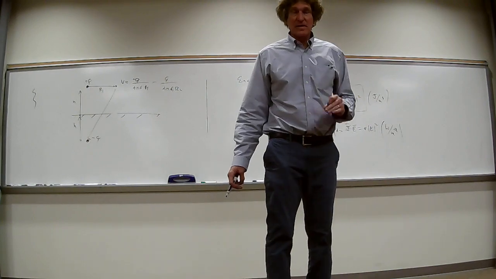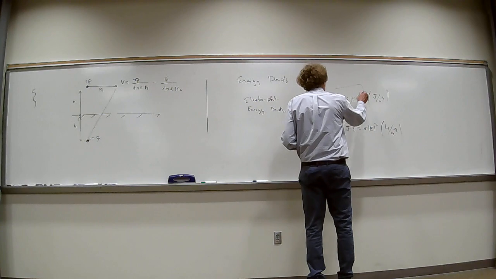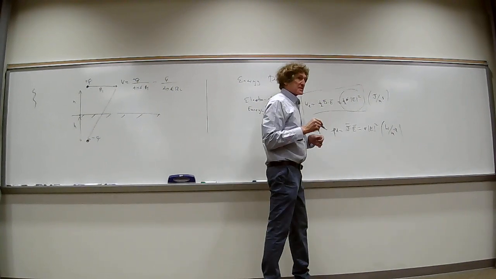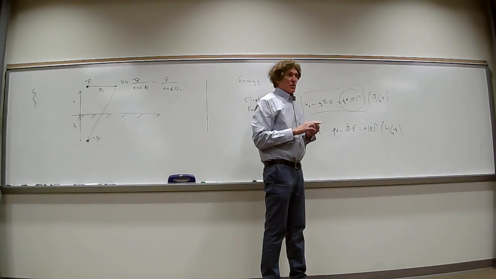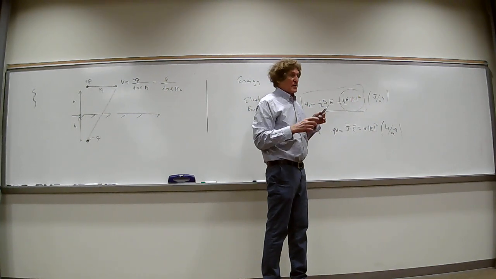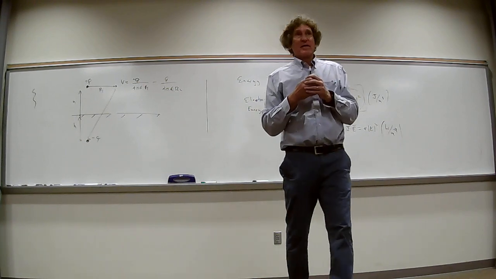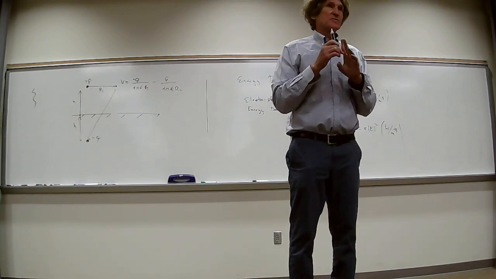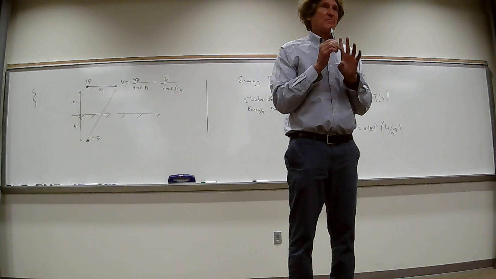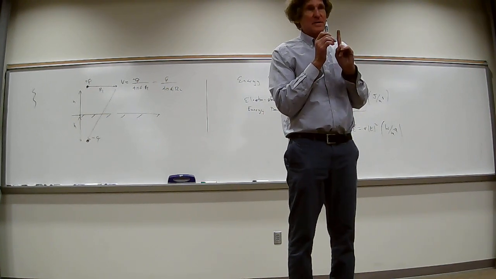Now, I gotta say one other thing about this, and this is important. So you see this term right here? That's electrostatic energy density. When you have antennas, you would like to have, for most cases, especially radar antennas, a very high-powered signal. You'd like to launch a huge amount of power, but there's something that happens.